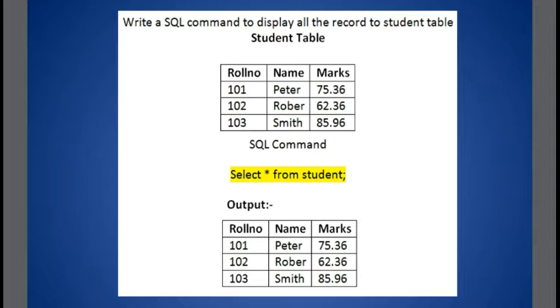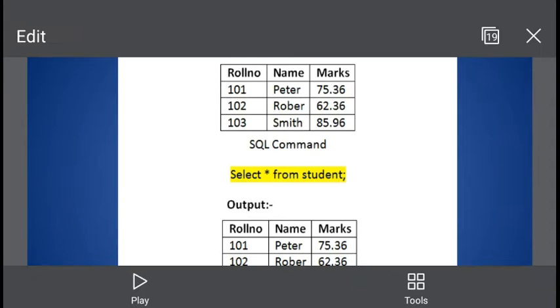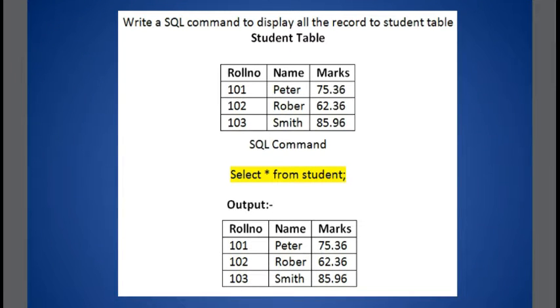This is our student table with roll number, name, marks: roll number 101, Peter, 75.36; 102, Robert, 62.36; 103, Smith, 85.96. Our purpose is to write a SQL command. The highlighted thing is our answer. In the exam, you will write the highlighted answer.